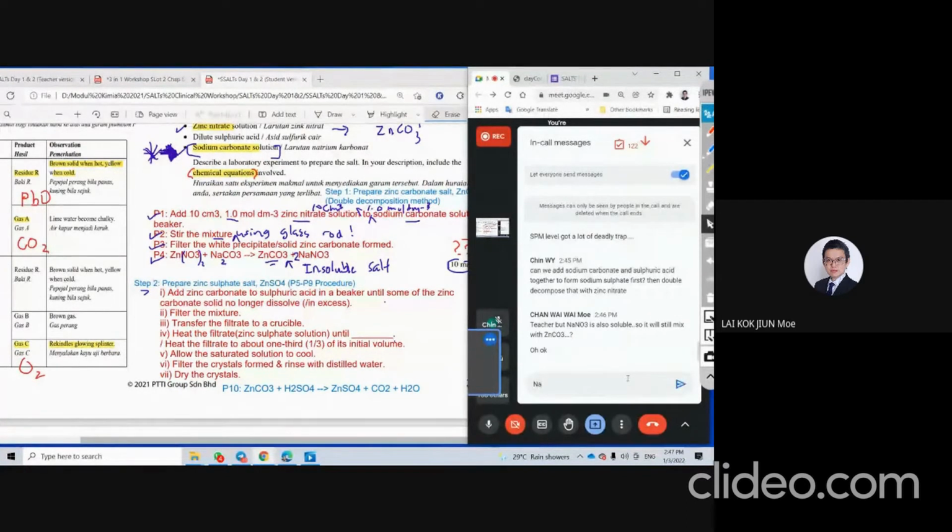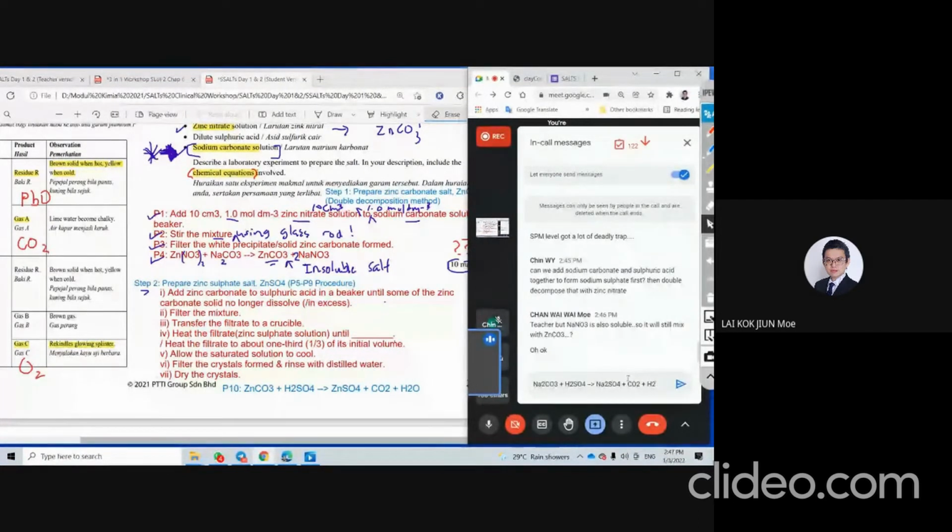Na2CO3 plus H2SO4 will form Na2SO4, and we will get CO2 and H2O.